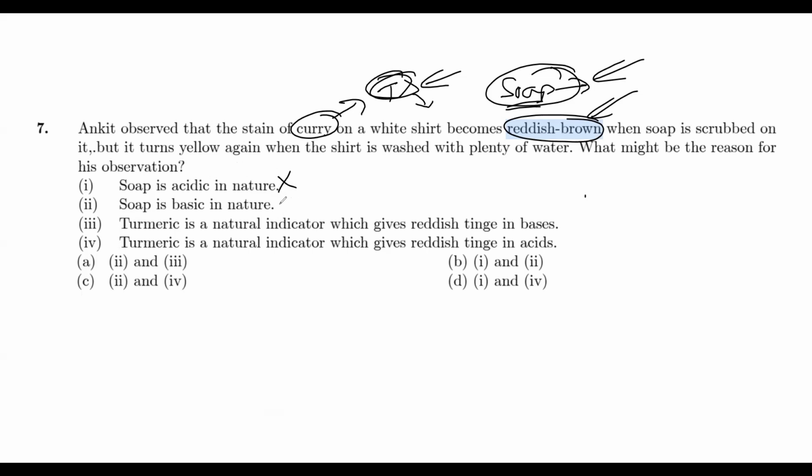Soap is basic in nature, correct. Turmeric is a natural indicator which gives reddish tinge in base. That's correct. Turmeric is a natural indicator with acid, so incorrect. So the second and third together are the correct option, that is A.